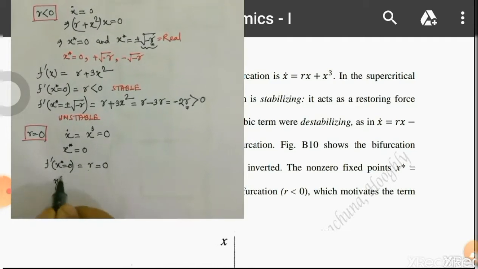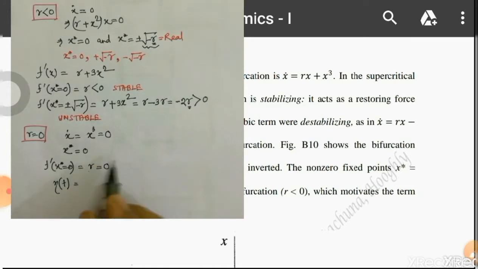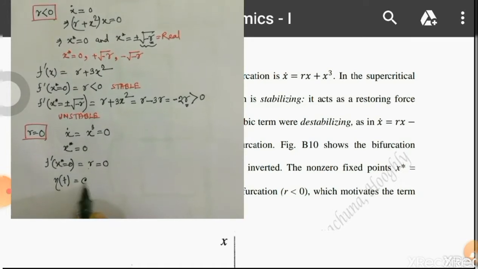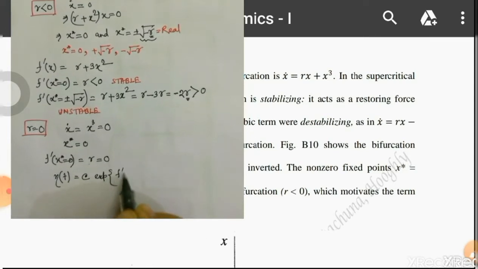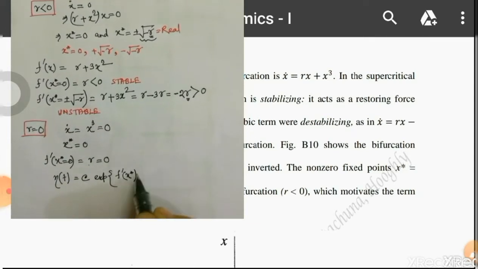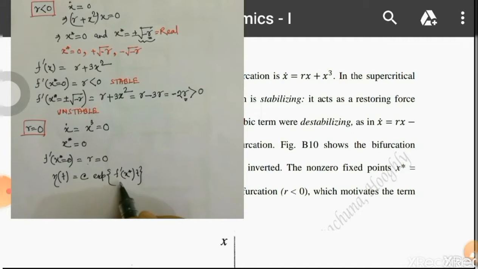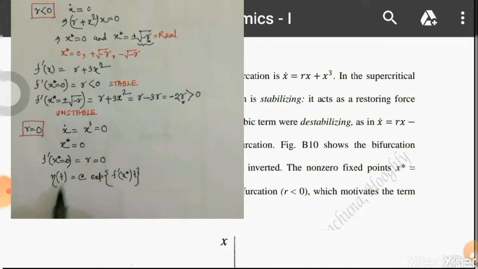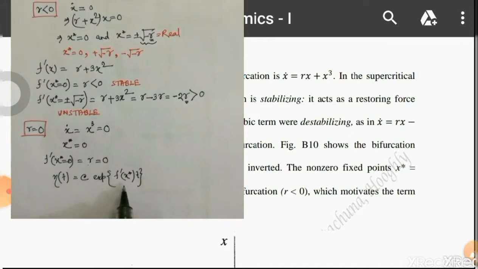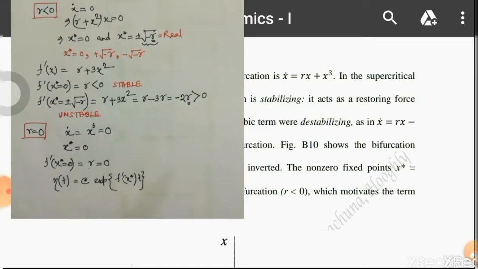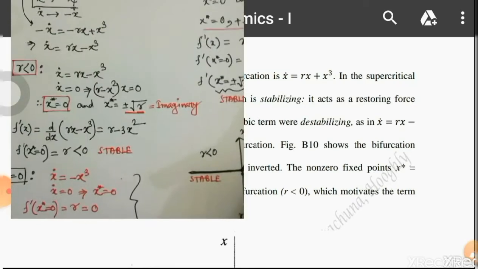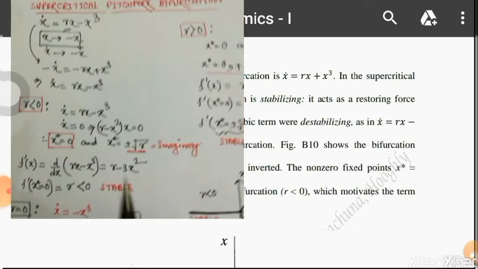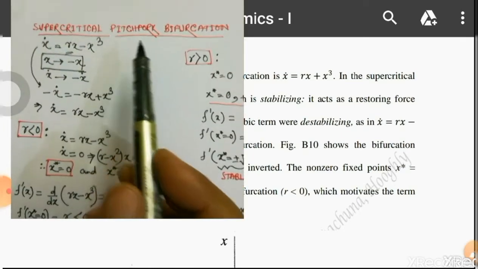Therefore, the perturbation eta of t equals C times exponential of f prime of x star times t. Since f prime of x star is 0, the perturbation becomes constant. So this is again the case of critical slowing down, which was the same in the case of supercritical pitchfork bifurcation.